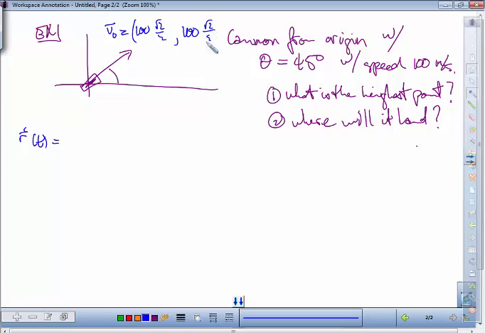It's a sine, but the sine of 45 is also root 2 over 2. So this is your initial velocity. So according to this information, our position function is the x velocity, which simplifies to just 50 root 2 times t plus the initial position here.